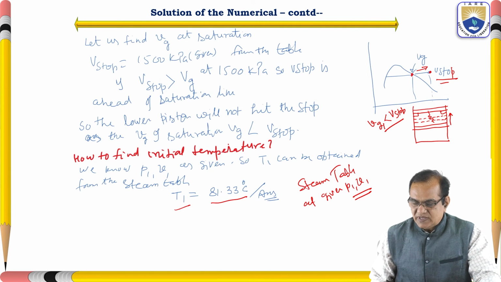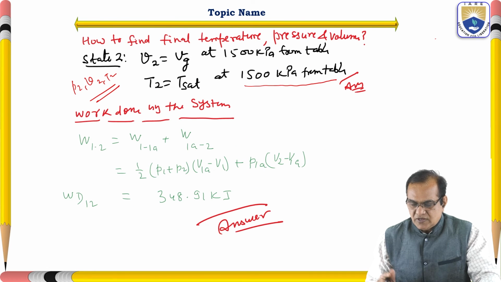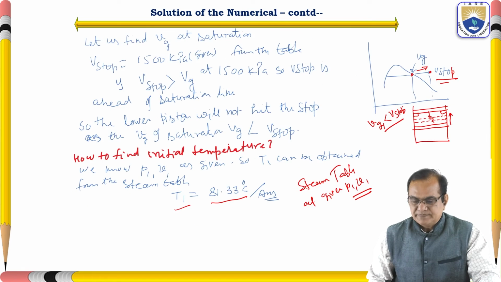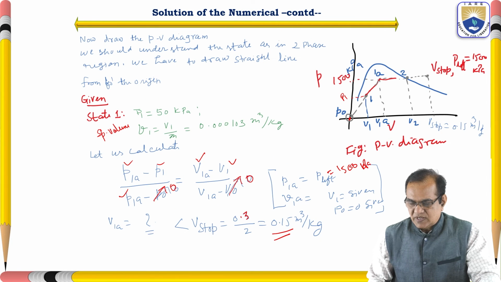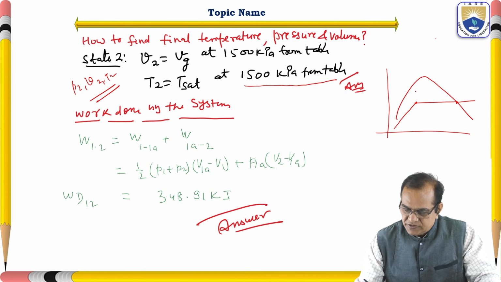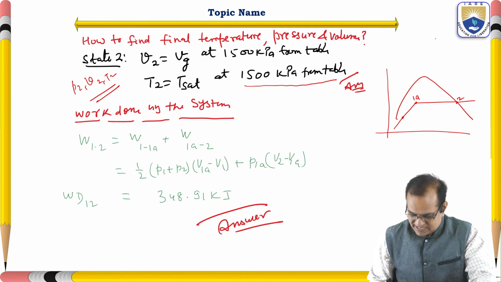So if you see here, if I draw it like this, this is the 1, 1A, 2.